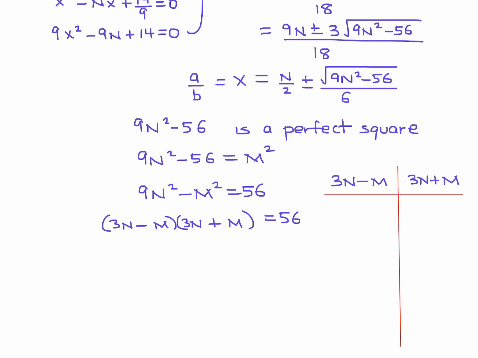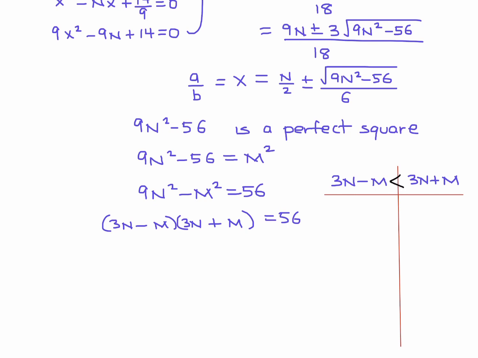How are we going to do this? Well, based on the fact that when those two numbers are multiplied, they have to equal 56. And 3n plus m has got to be greater than 3n minus m because m is an integer.